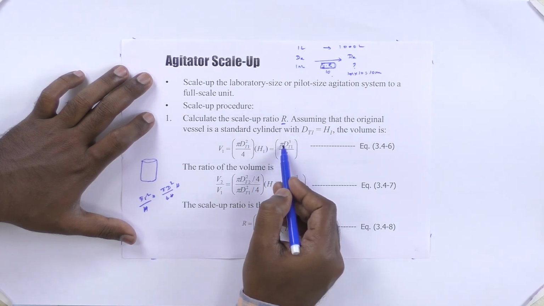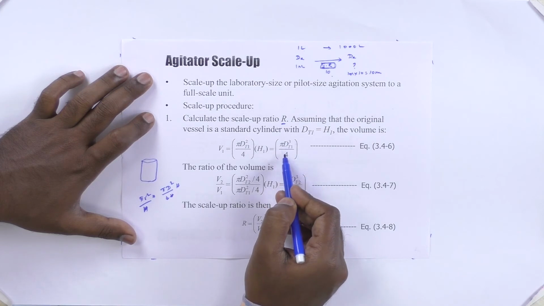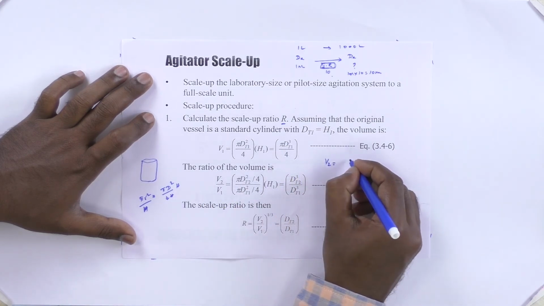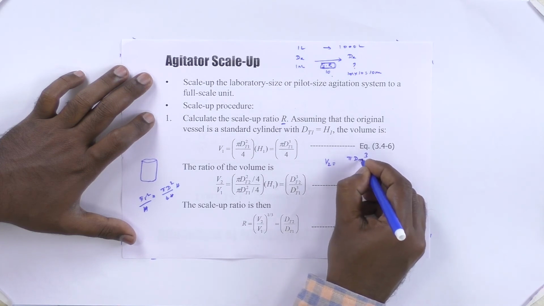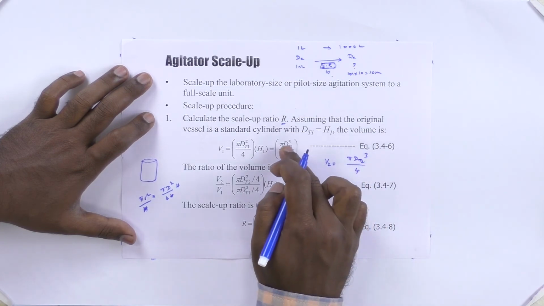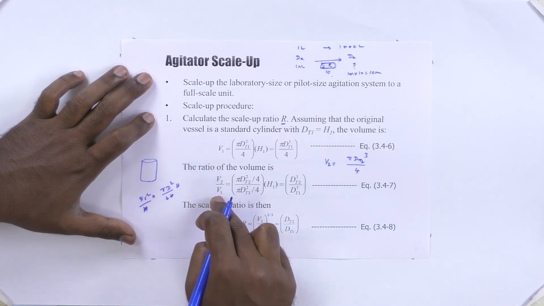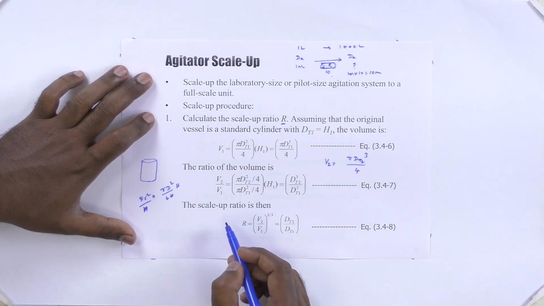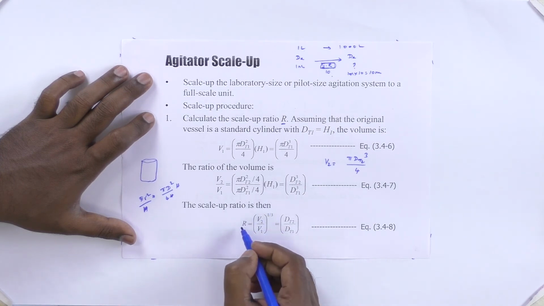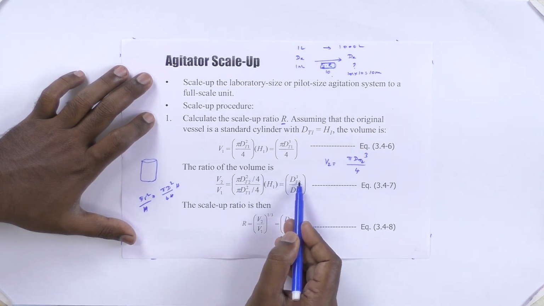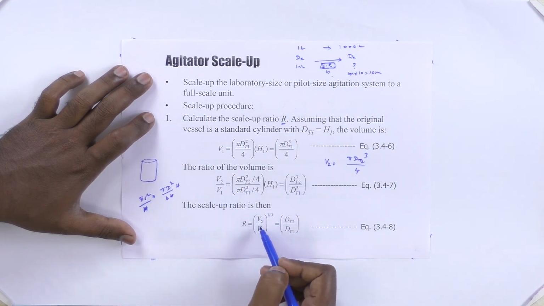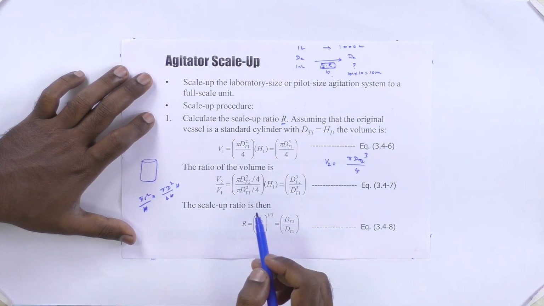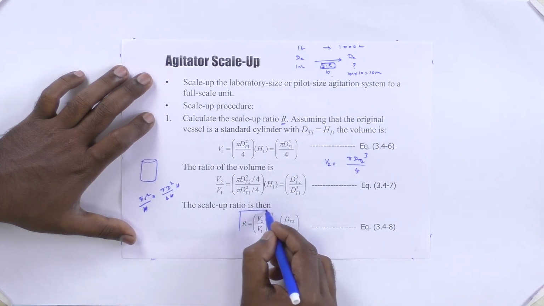Then the formula becomes v1 equal to pi dt1 cube by 4. Similarly, for the second reactor, v2 is pi dt2 cube by 4. If you take the ratio between v2 and v1, we get dt2 cube by dt1 cube. So the scale up ratio R is equal to v2 by v1 whole power 1 by 3, which equals dt2 by dt1. This is the formula for your scale up ratio.